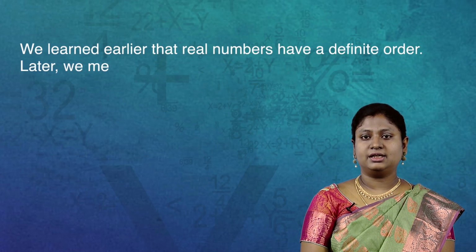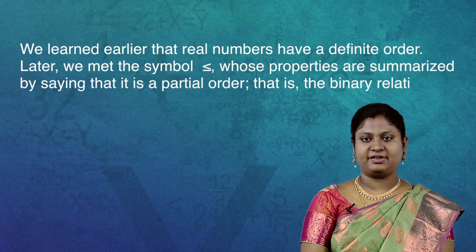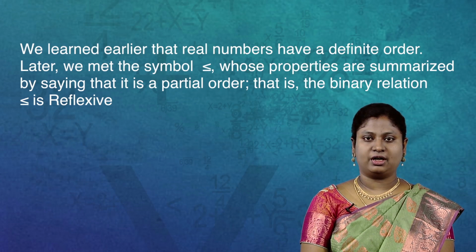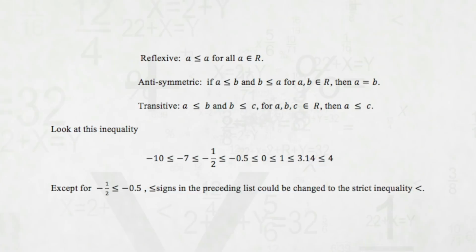We learned earlier that real numbers have a definite order. Later, we met the symbol less than or equal to, whose properties are summarized by saying that it is a partial order. That is, the binary relation less than or equal to is reflexive: a is less than or equal to a for all a in real numbers.